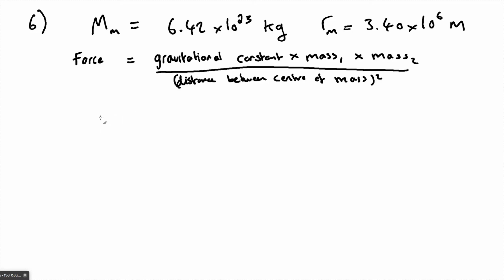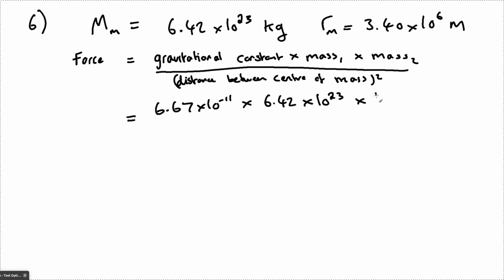What we now need to do then for Mars, we're told that the mass of Mars is 6.42 times 10 to the 23 kilograms. We're told the radius of Mars is 3.4 times 10 to the 6 meters. We are asked to work out the force acting on a 1 kilogram mass at the Earth's surface. Easy. Gravitational constant, 6.67 times 10 to the minus 11. Put in the mass of Mars, 6.42 times 10 to the 23.